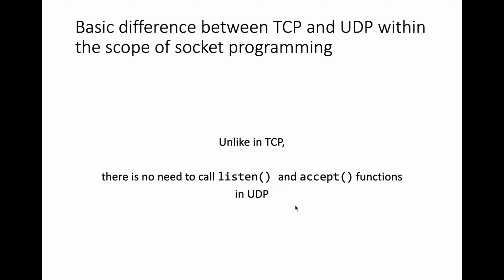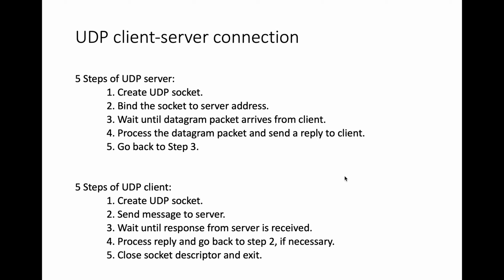That's why UDP is a little bit easier to implement than TCP. TCP is not difficult to implement either, but UDP is even easier. That's the difference from the programming perspective. You don't have to make the listen and accept function calls. And there are just 5 steps to create a UDP server, unlike the TCP server, which had many more.